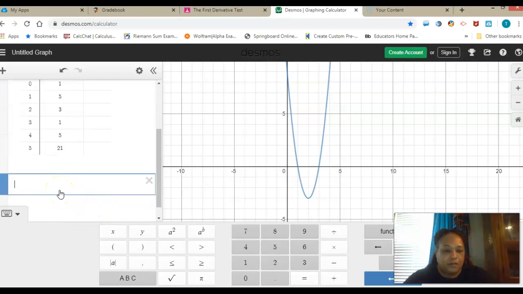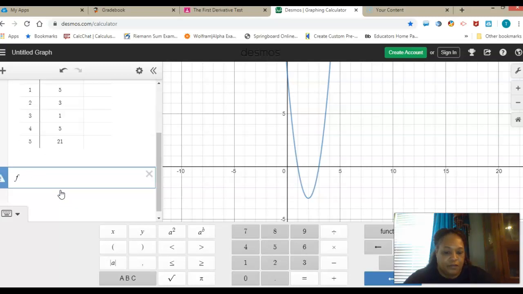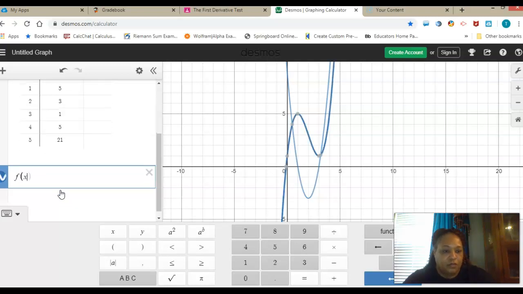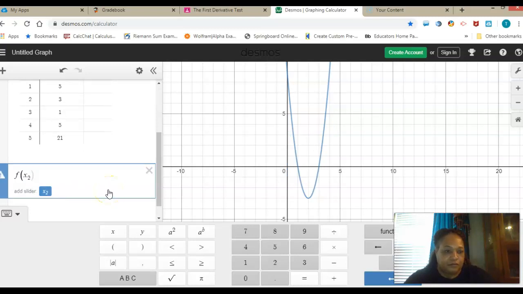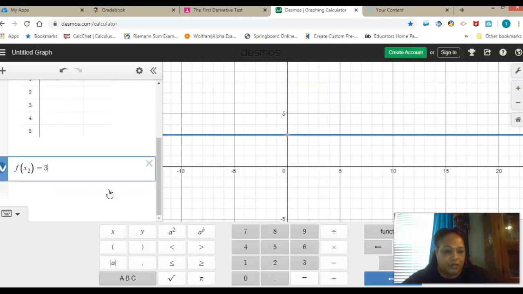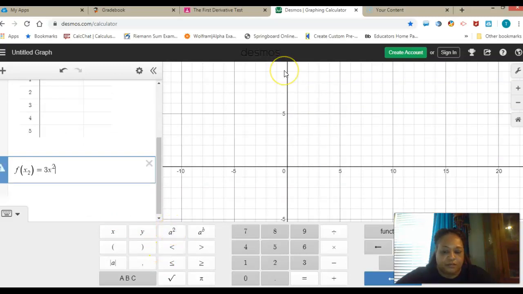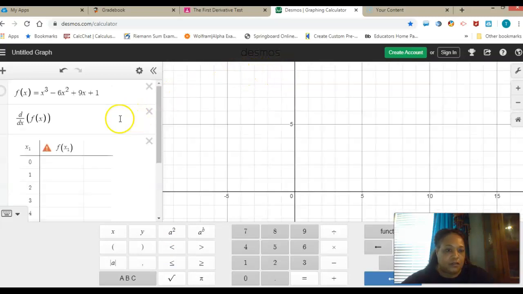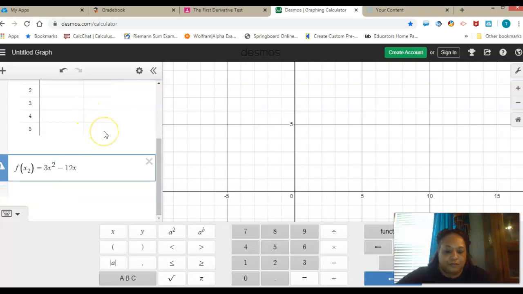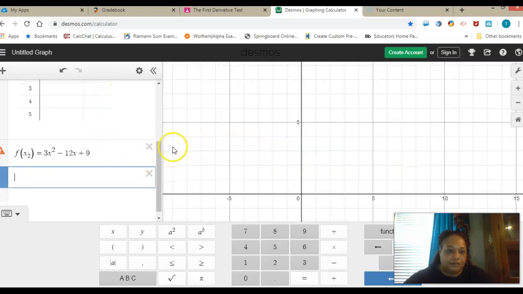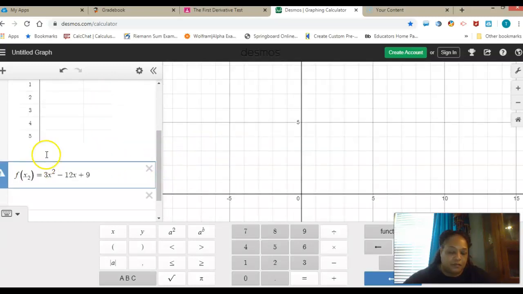So I'm going to say f of x2 equals 3x squared minus 12x plus 9. There's my derivative function.